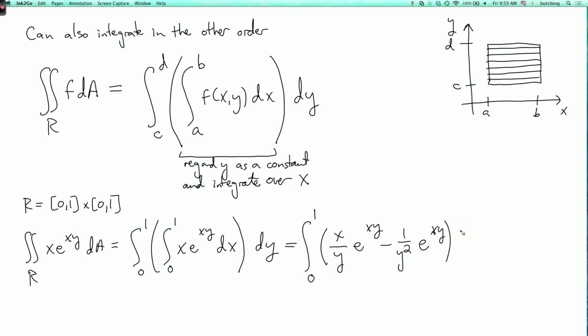So that works. And then we have to evaluate this at x equals 1 and x equals 0, and then integrate the whole thing over y. You can do that, but that looks kind of messy. If you do this and come out alive, you'll get the same answer as doing it the other way. But let's skip the details of that.